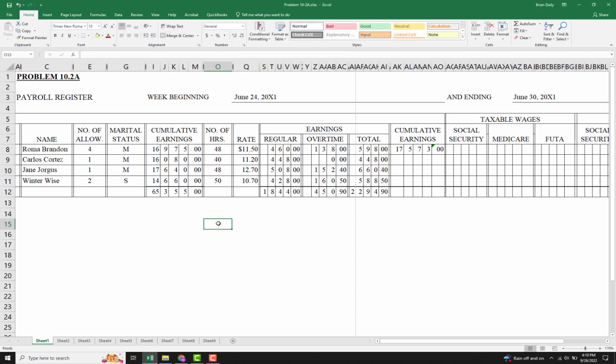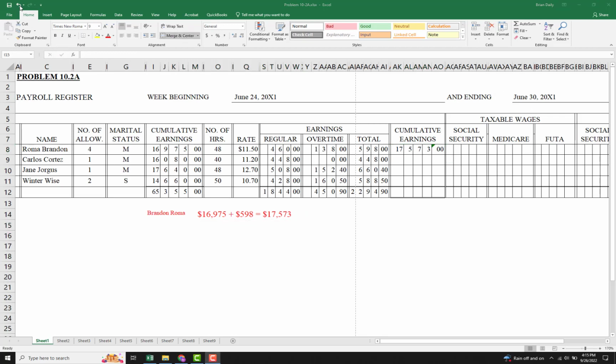And just to make sure that I'm absolutely clear here, I am going to take Roma's cumulative earnings prior to the week of $16,975, add the total earnings for this week of $598 to get a total of $17,573, which I place in the cumulative earning column in Brandon's row.